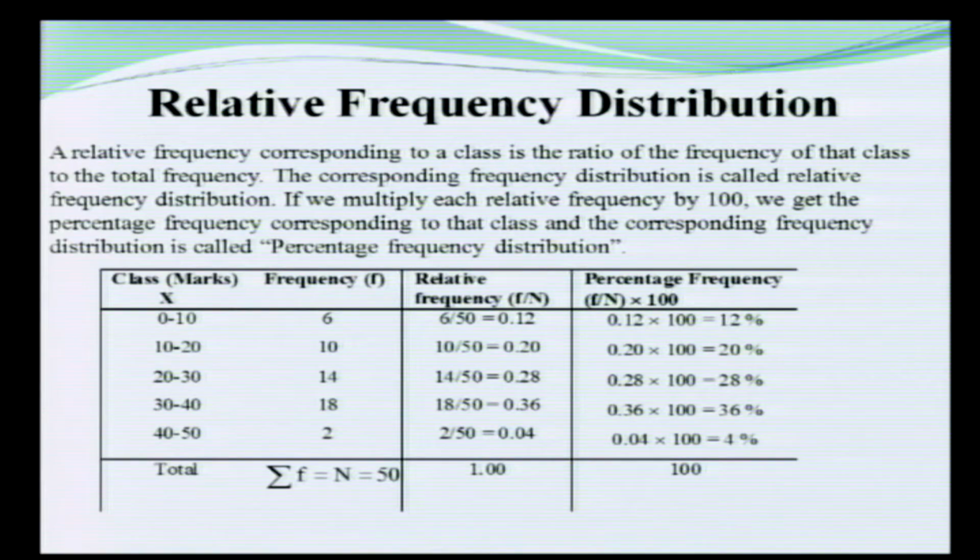In the example we have given here, the marks of the 10th class, the number of students in the class is 50, and marks from 0 to 10 were obtained by 6 students, 10 to 20 by 10 students, 20 to 30 by 14, 30 to 40 by 18, and 40 to 50 by 2. Then we have calculated here the relative frequency and percentage frequency, and this constitutes the relative and percentage frequency distribution.